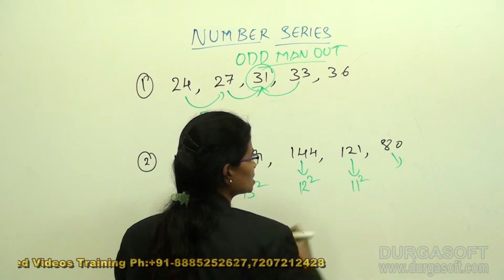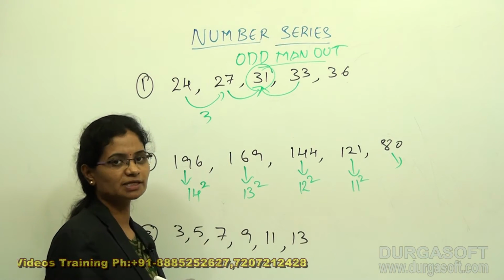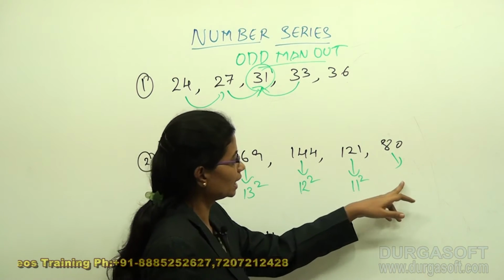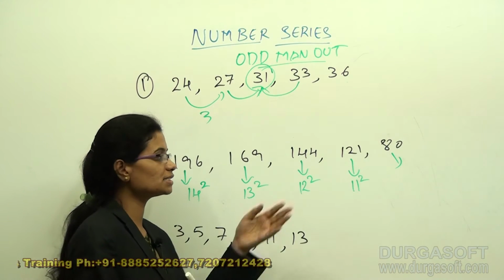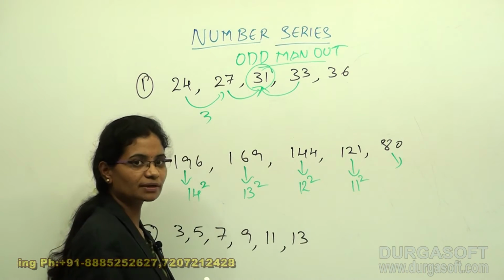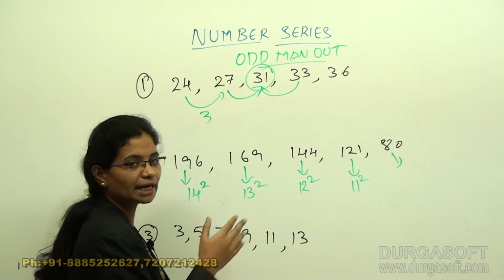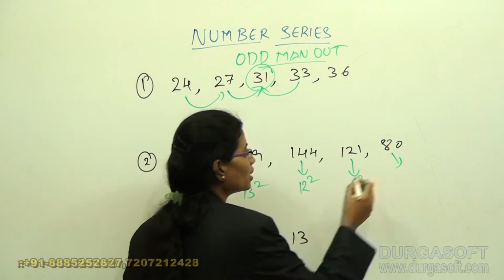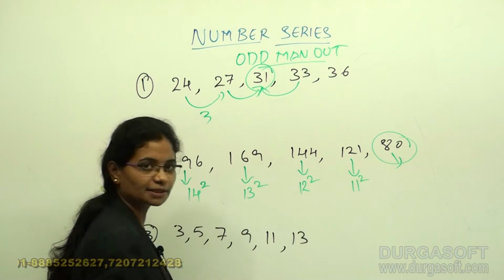But coming to 80, it is not a perfect square; we should get 10 squared, which is 100. Whatever the series, 80 is not a perfect square. So the odd man out will be 80 here.